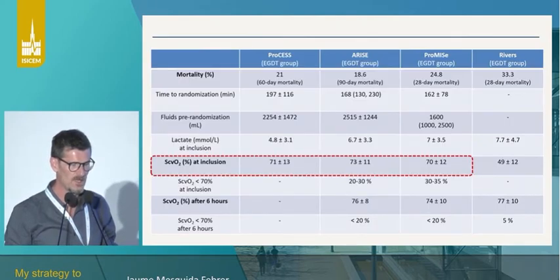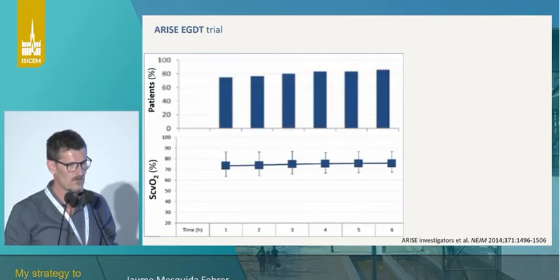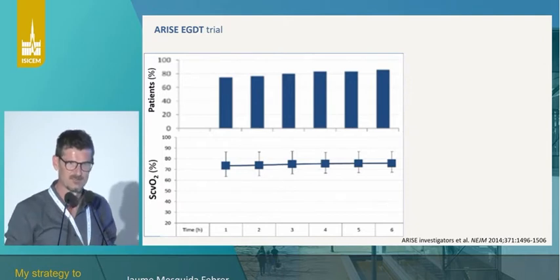If we look at the trigger for using dobutamine, we'll find that in most of the studies, ScvO2 was already normal at inclusion. And if you want to take a closer look, it's really difficult because the studies did not show a lot of data about ScvO2, which was the later endpoint. But the ARISE trial, in the supplementary material, has some of that data.